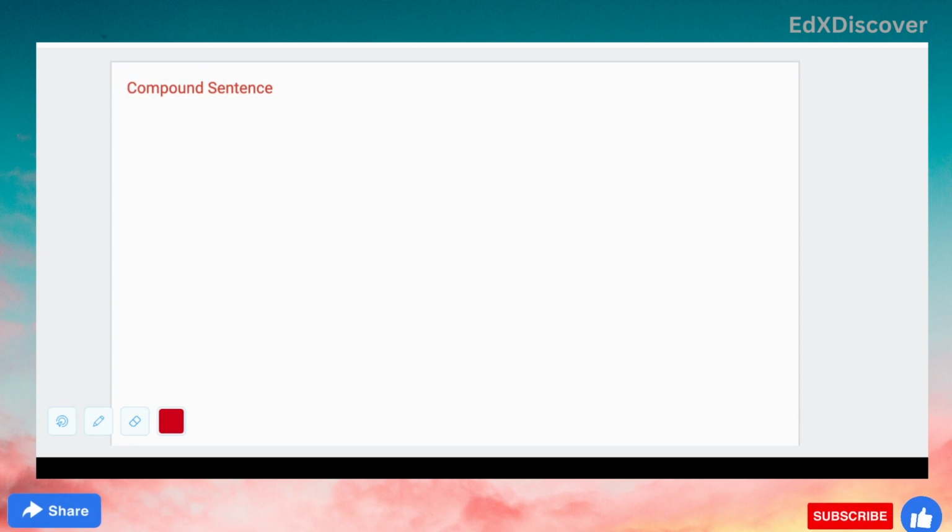So a compound sentence consists of two or more independent clauses. In a simple sentence, we will have only one independent clause, whereas in the compound sentence, we will have two or more independent clauses that are joined together by coordinating conjunctions. Now, in this part, you will use the coordinating conjunctions, which are called fanboys.